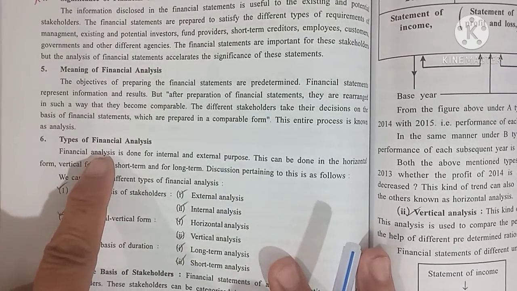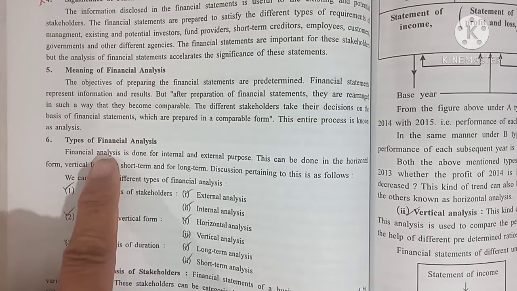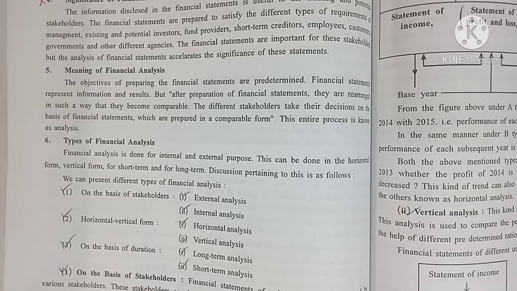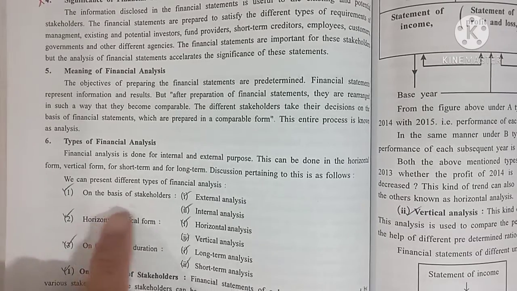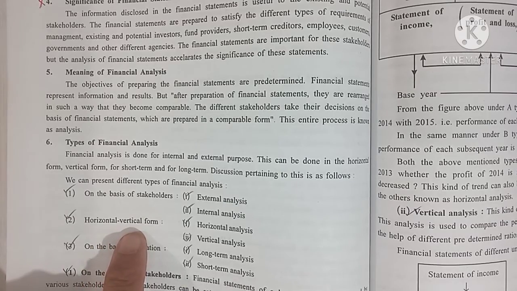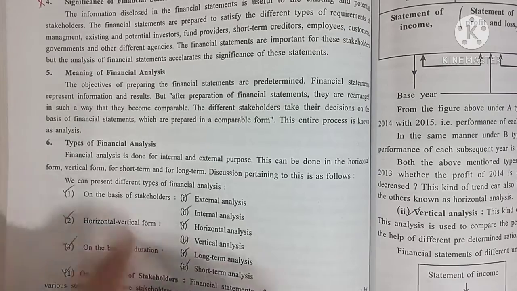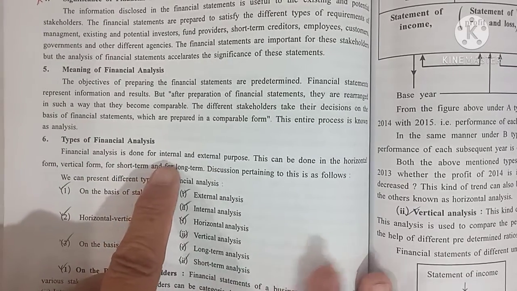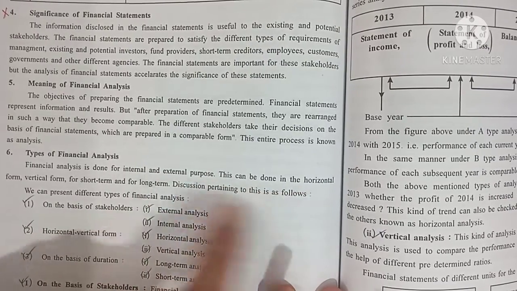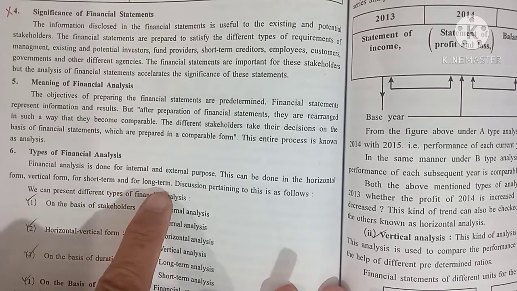Types of financial analysis: Section B questions may come asking how many types there are, or to write the types of financial analysis. There are three types: on the basis of stakeholder, on the basis of horizontal and vertical form, and on the basis of duration. Financial analysis is done for internal or external purposes. It can be done in horizontal or vertical form, for short term and long term.